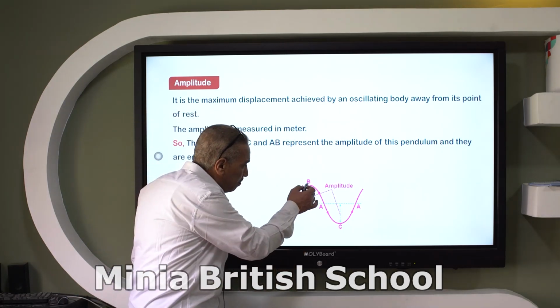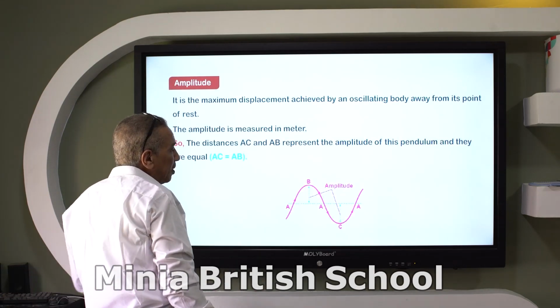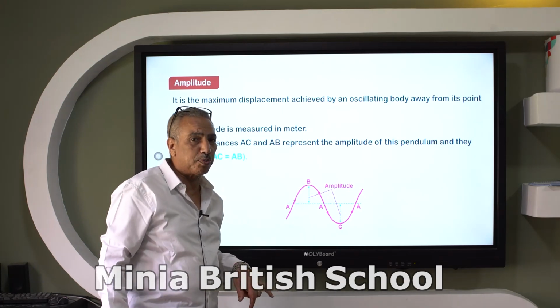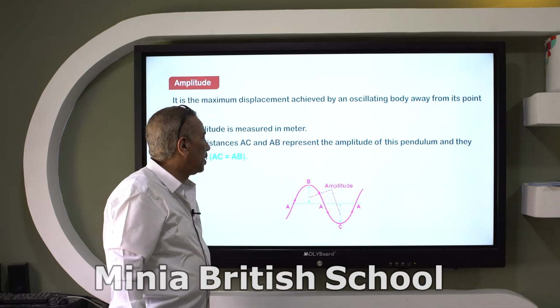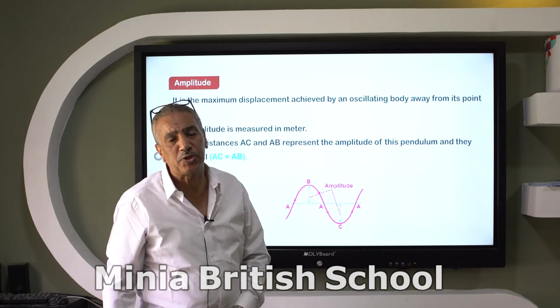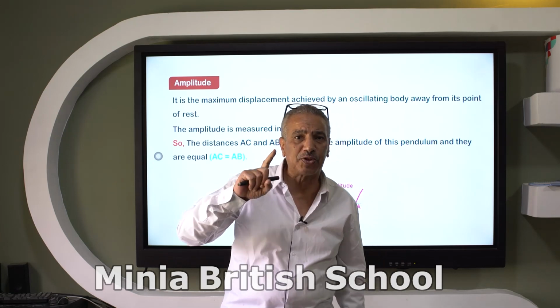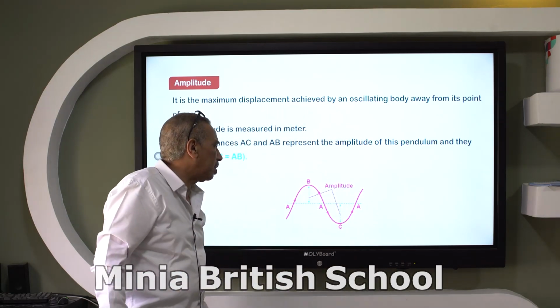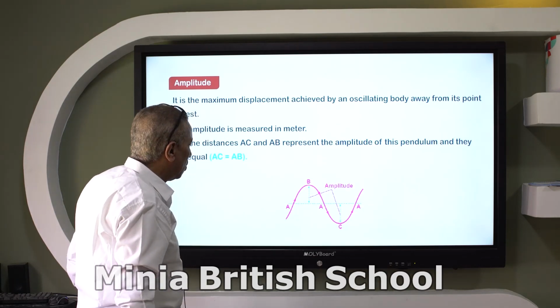Here the point B is the maximum displacement of the oscillating body away from its rest position, or the point C. This maximum displacement will be the amplitude of the oscillatory motion.